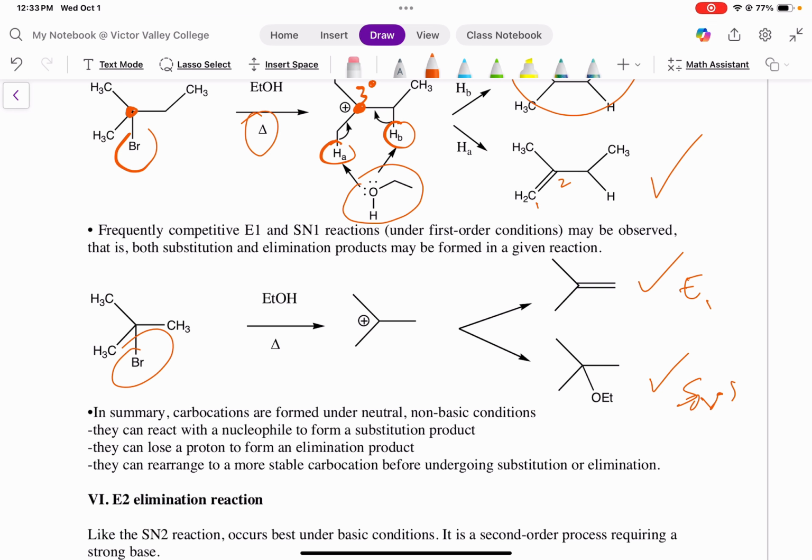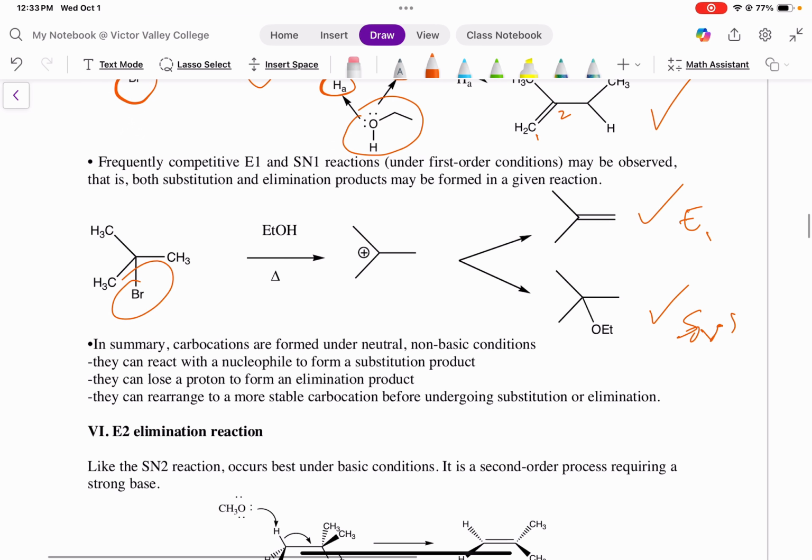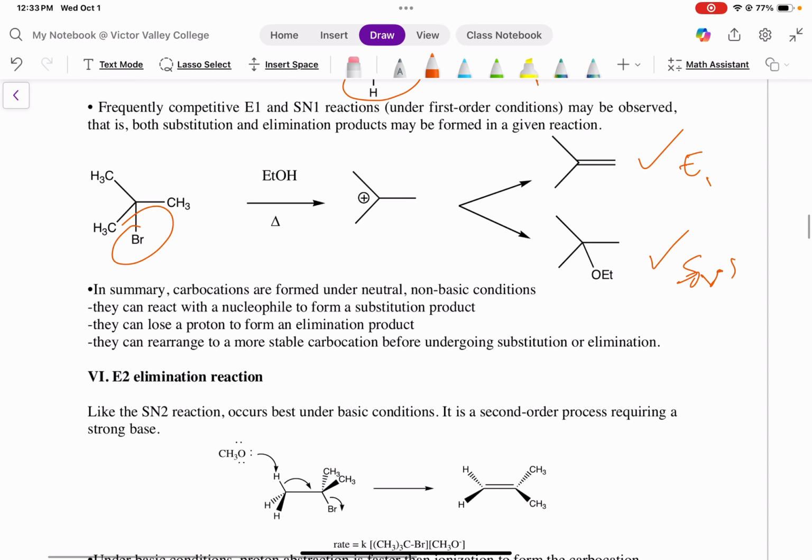Okay, all right. So that's possible. We get a mixture of two products.